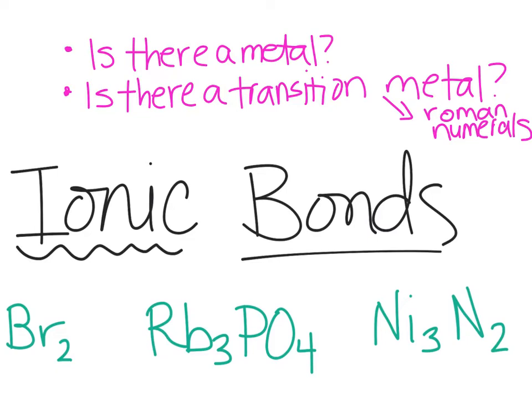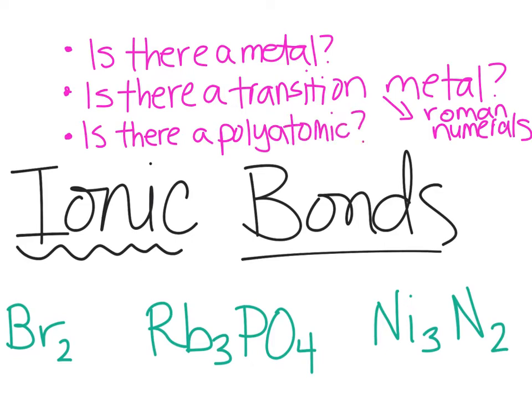And then we would ask ourselves, what else? Is there a polyatomic? And are polyatomics really that difficult when it comes to naming them? No, it's matching it up, right? We've got our periodic table full of this list.